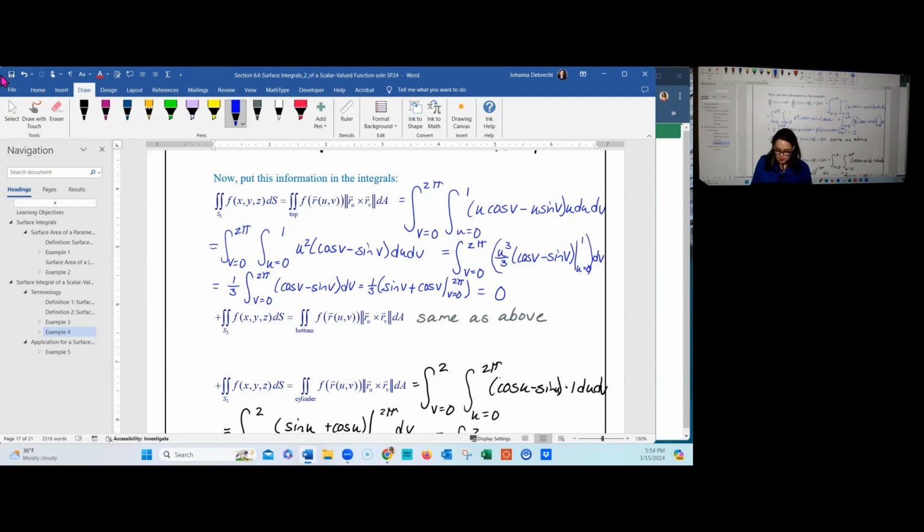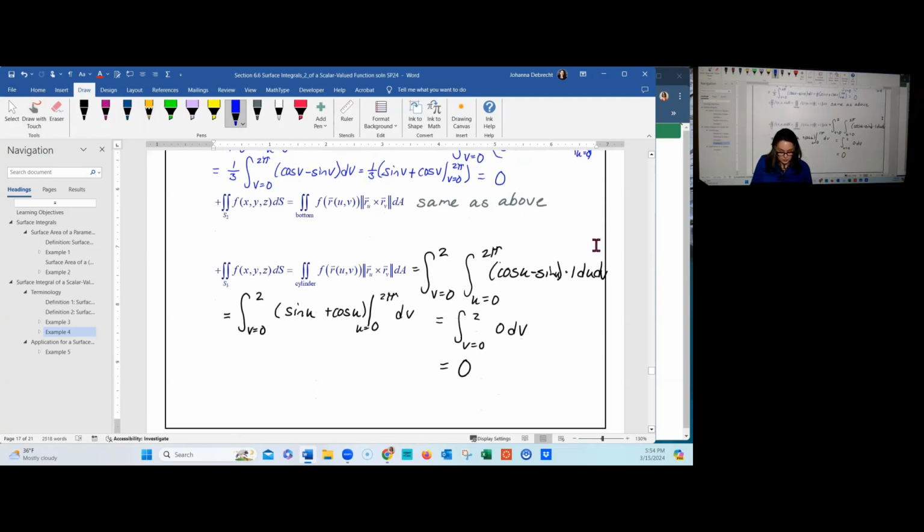Now we want to go ahead and take a look at the sides. When we look at the sides, we're integrating over the third surface, which is the outside of the cylinder. And in this case, we have the parameterization cosine u, sine u. And this replaces x and y. So we get cosine u minus sine u. And the magnitude of the normal vector was 1.